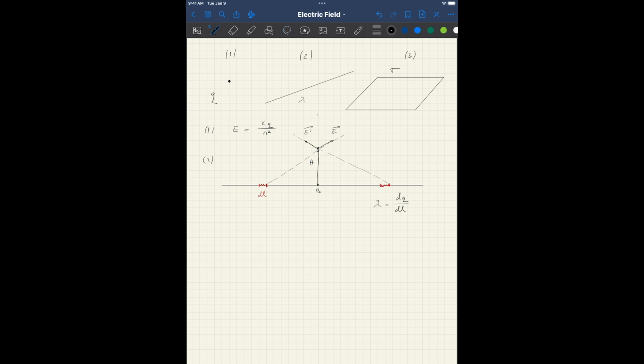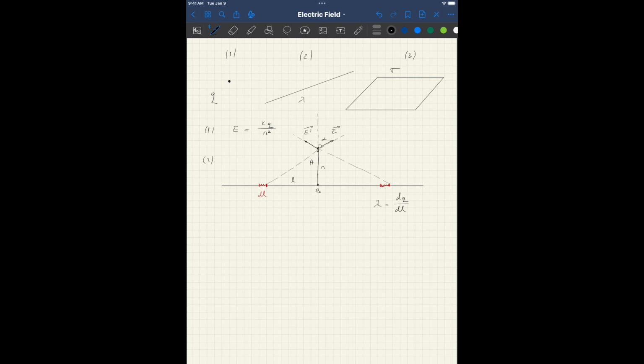Let's say this is the direction AB, and this is an angle alpha. We want to add each electric field strength due to each point, but only the cosine, only its vertical component. So let's call this distance r and this distance L.